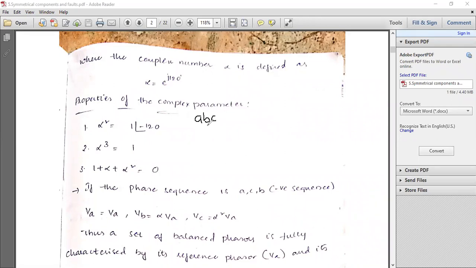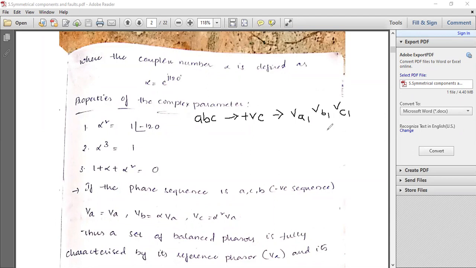So if you are considering the phase sequence like this, this is a positive sequence, and the components are expressed with a suffix 1. So VA1, VB1, and similarly VC1. These are the three components.